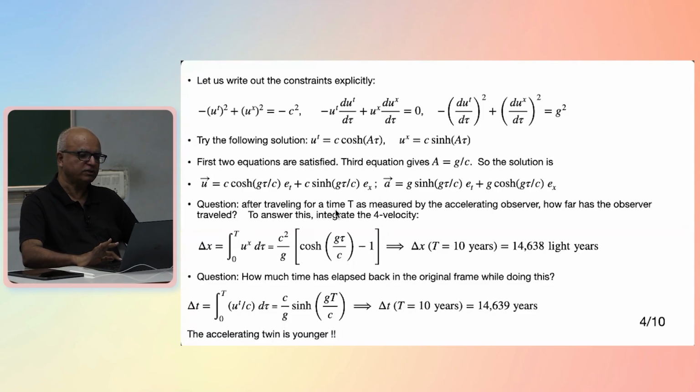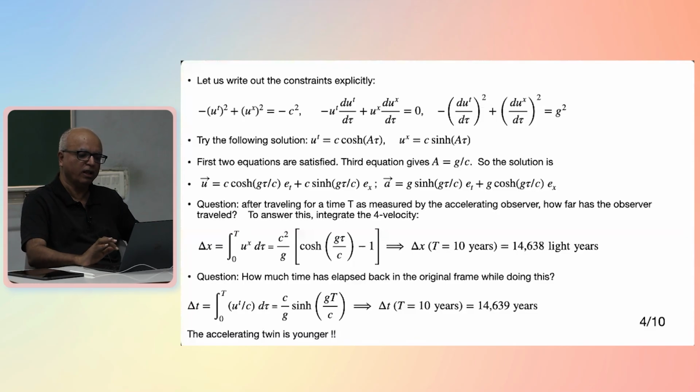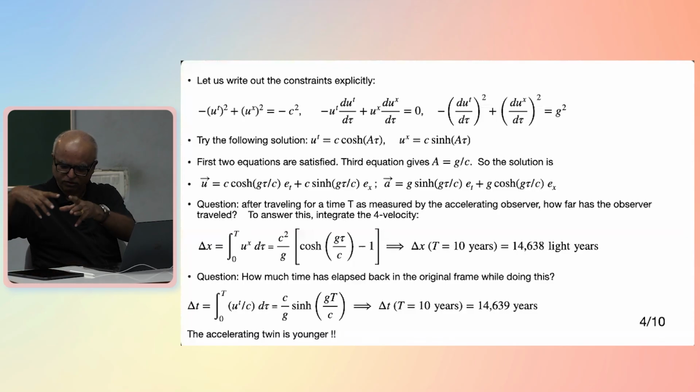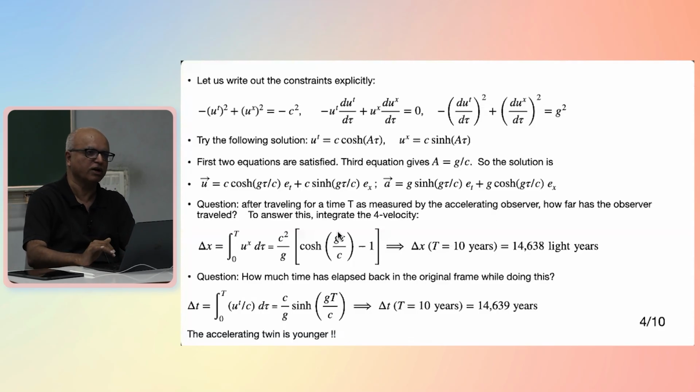Question: after travelling for a time T as measured by the accelerating observer, so proper time. In the accelerating observer's frame, suppose time T has passed, I am accelerating, I have a clock, some time capital T has passed, how far has the observer travelled?